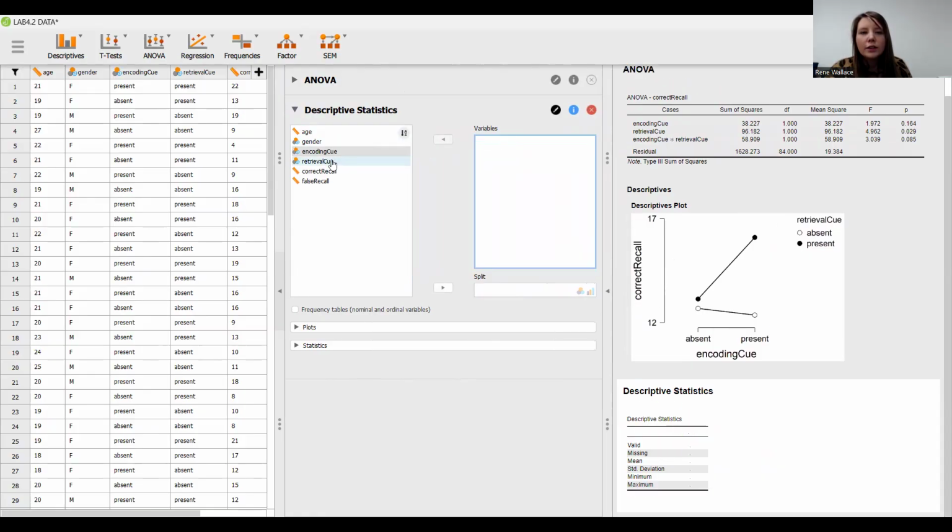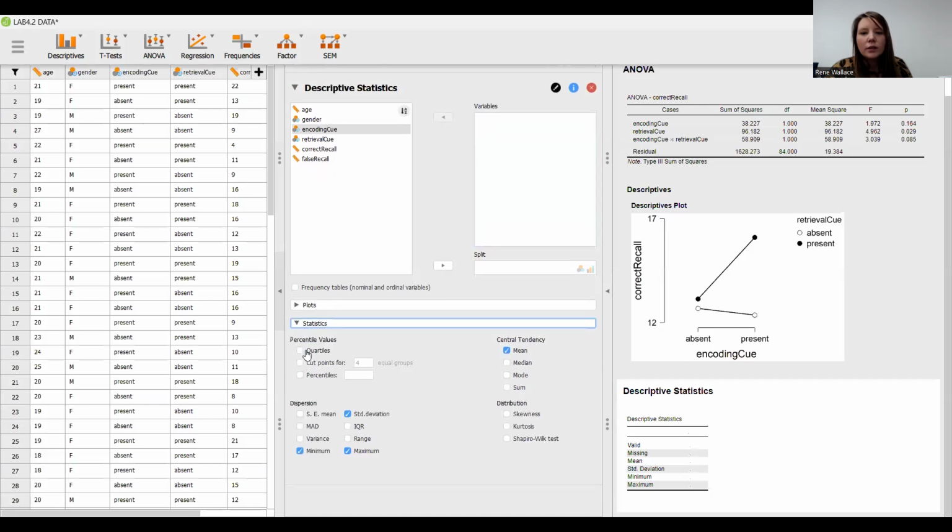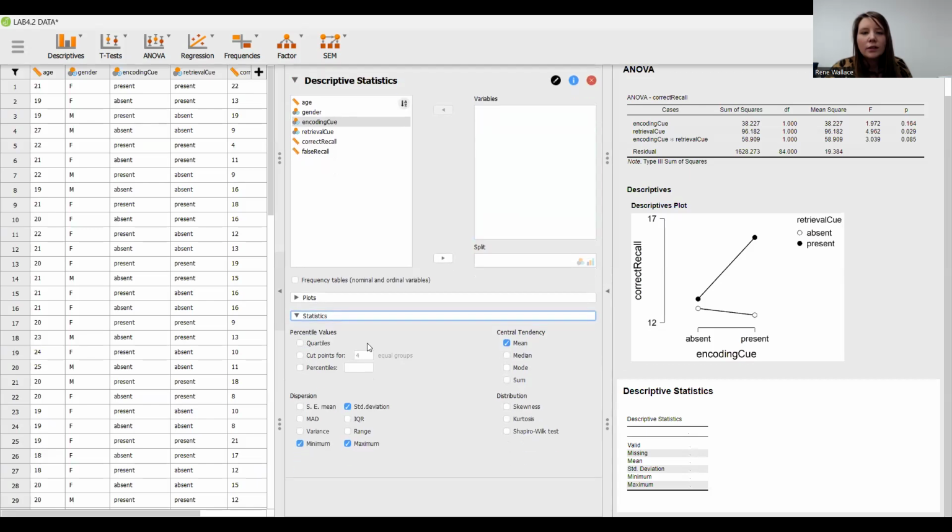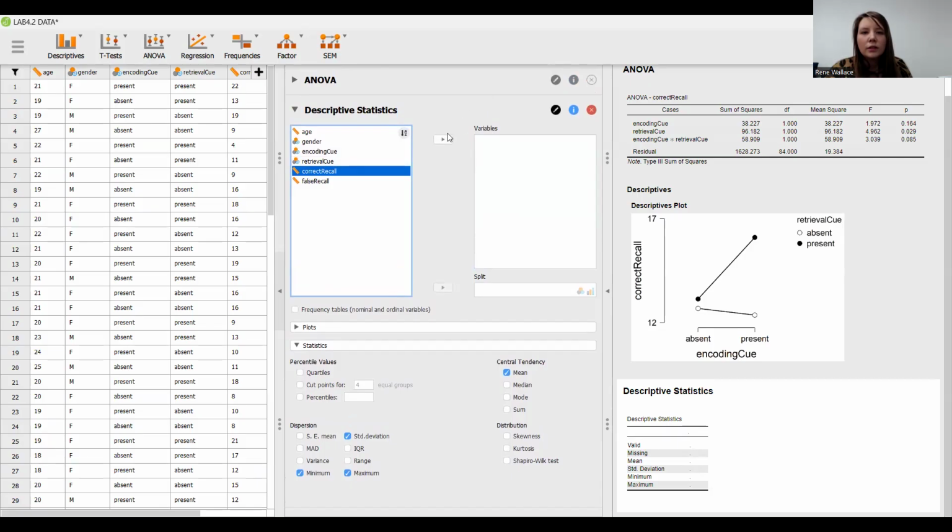Just, hold on a second while I play with this stuff. Standard deviation. Yes, yes. My correct recall mean? I guess you can just do it this way.